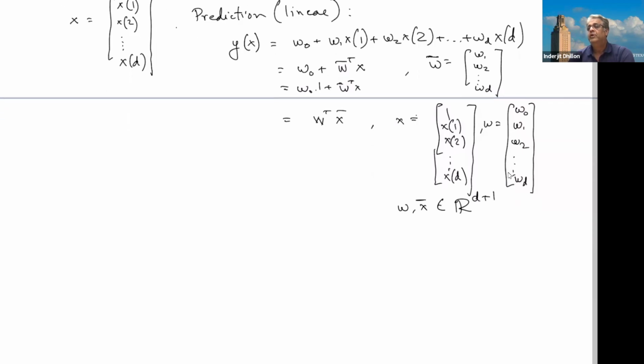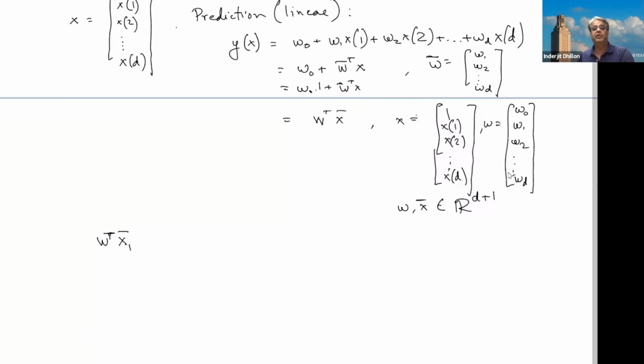Okay. So this is now my prediction. It is W transpose X bar. So what happens with W transpose X1 bar? Let me write this again so that you can see clearly. So I have W transpose X1 bar. Well, remember X1 is the first training data.